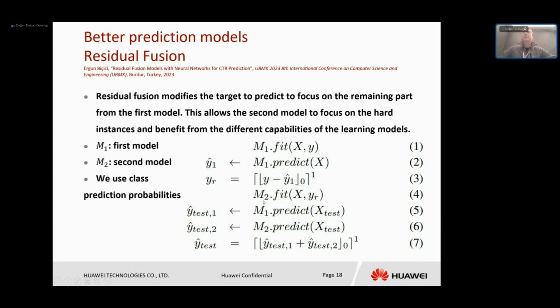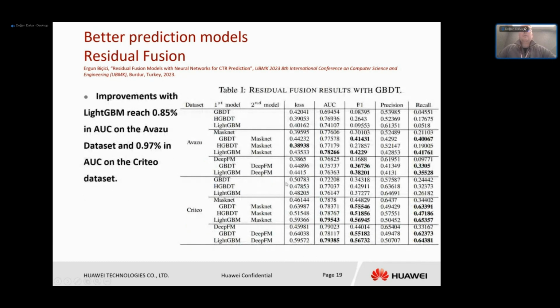Then for a given test set, we predict using both of these models, and the final output is obtained by adding these predictions and then bounding to the range. So this way, we are able to achieve performance improvements.